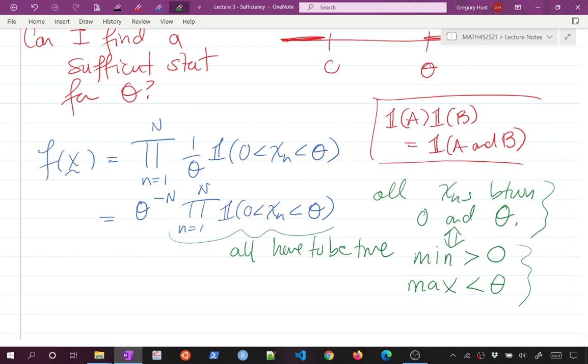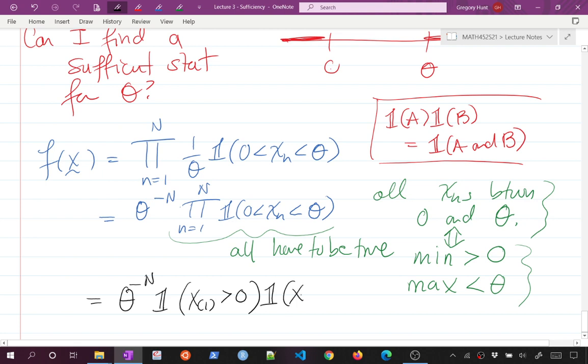If the min is bigger than 0, they're all bigger than 0. And if the max is less than theta, they're all less than theta. So that means they're all between 0 and theta. So I could rewrite this, using some logic, as theta to the negative n times the indicator that the minimum of the x's is bigger than 0, and, so I can do a product, the indicator that the maximum is less than theta.